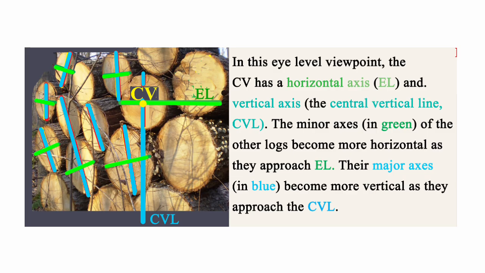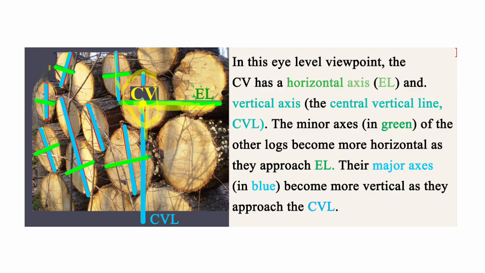I put all the axes on these elliptical logs, and let's see what it tells us. So this is probably the roundest log, and so we can determine that that's about where the center of vision would be. And the x-axis, or the horizontal axis, is eye level, and the vertical axis is the central vertical line.